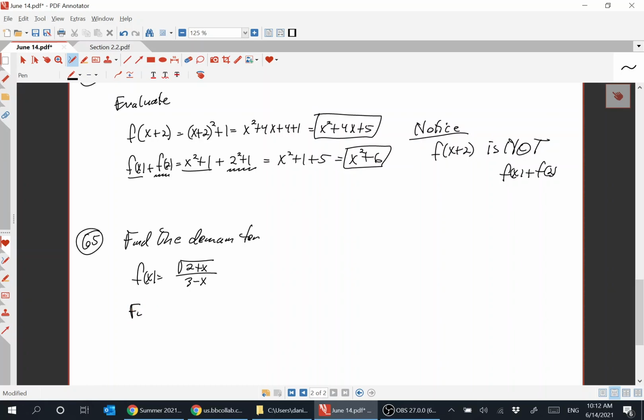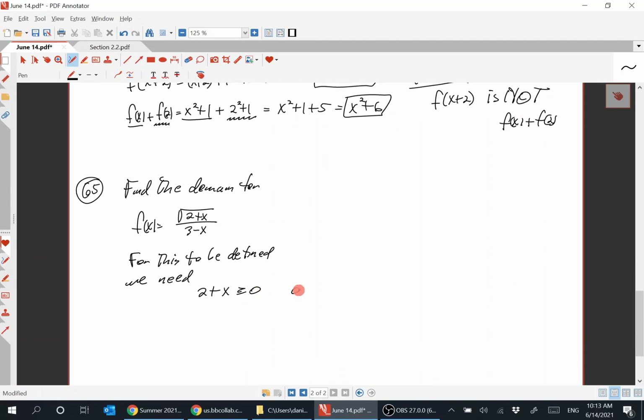So for this to be defined, we need that 2 plus x is bigger than or equal to 0, and 3 minus x is not 0. Right? Anything but 0, because you can't divide by 0, and you don't want to take the square root of a negative number. So this says that x is bigger than or equal to negative 2, and this one says x is not equal to 3.